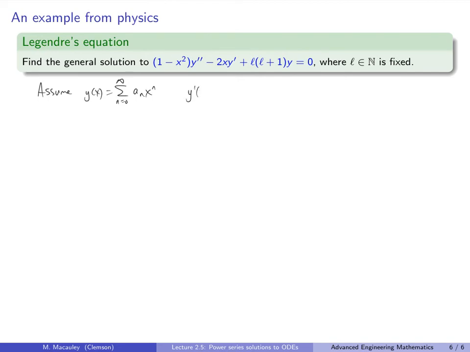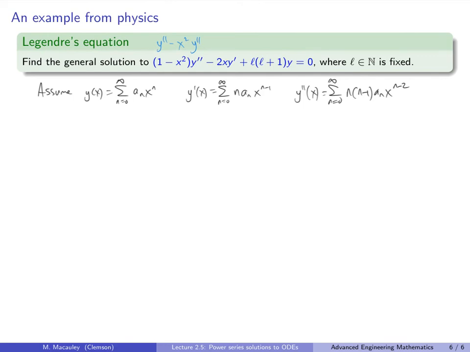So y prime of x equals the sum from n equals 0 up to infinity of n a_n x to the n minus 1, and y double prime of x equals the sum from n equals 0 to infinity of n times n minus 1 times a_n x to the n minus 2. And let's plug these guys back into here. So I'm going to break this into two terms. I'm going to write this as y double prime minus x squared y double prime. It's my experience that that's a little bit easier if we break these up.